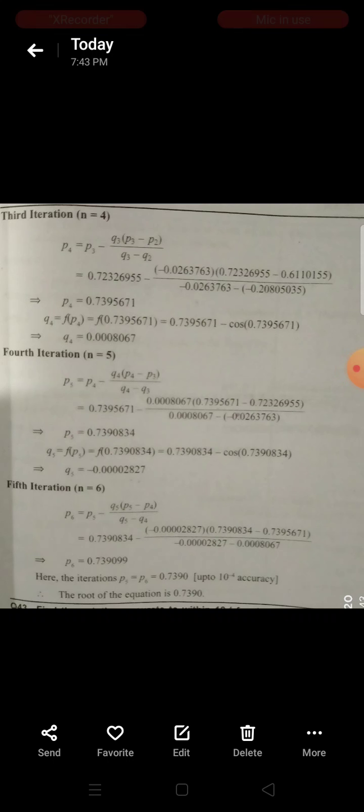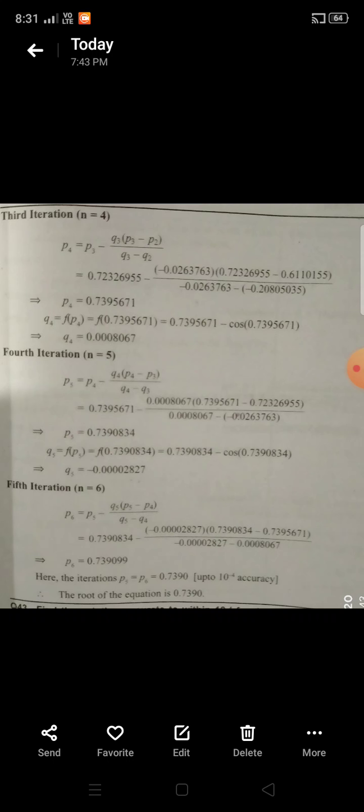Next, fifth iteration, n equals to 6. Put n equals to 6 in secant method. P6 is equal to P5 minus Q5 into P5 minus P4 by Q5 minus Q4. Now substitute Q4, Q5, P4, P5 in above.